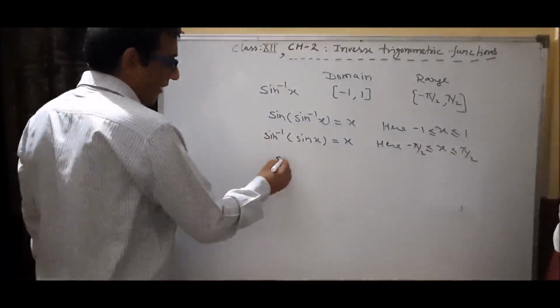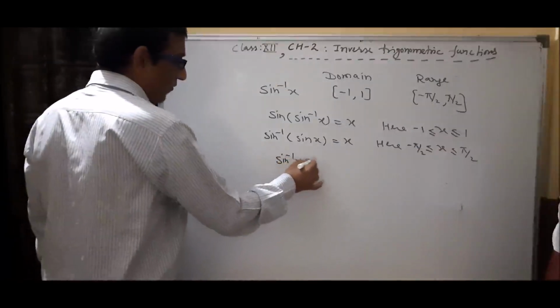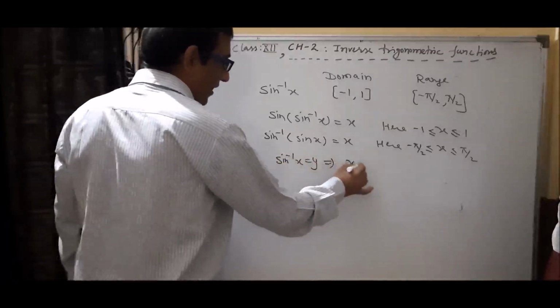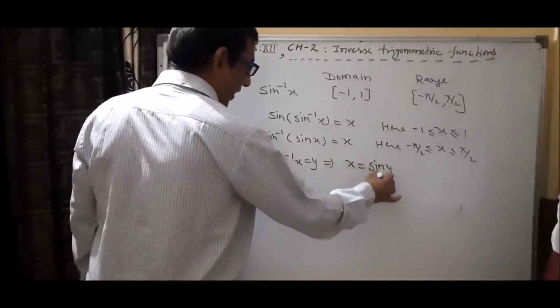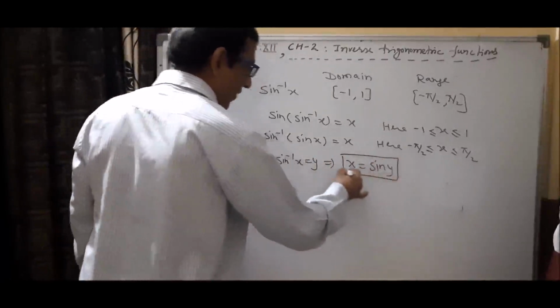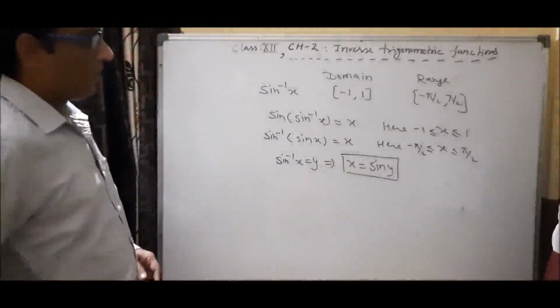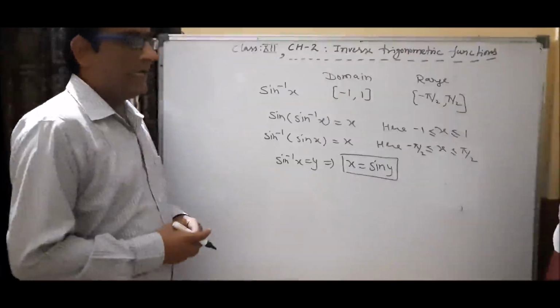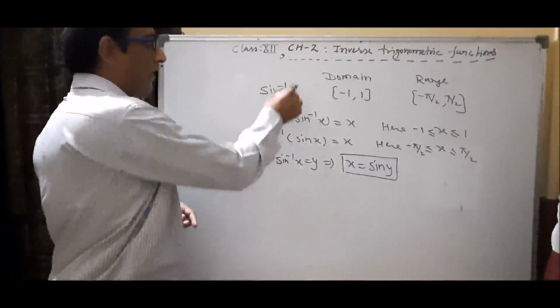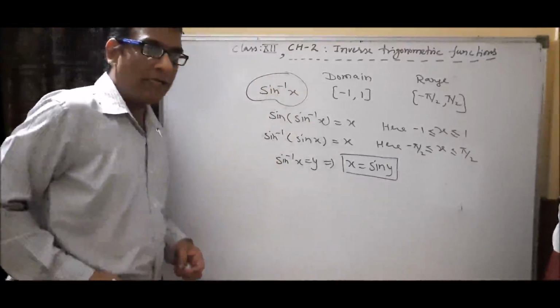It means sine inverse x equals y can also be written as x equals sine y. So with the help of this concept, we will easily identify the domain and range of any type of inverse trigonometric function.